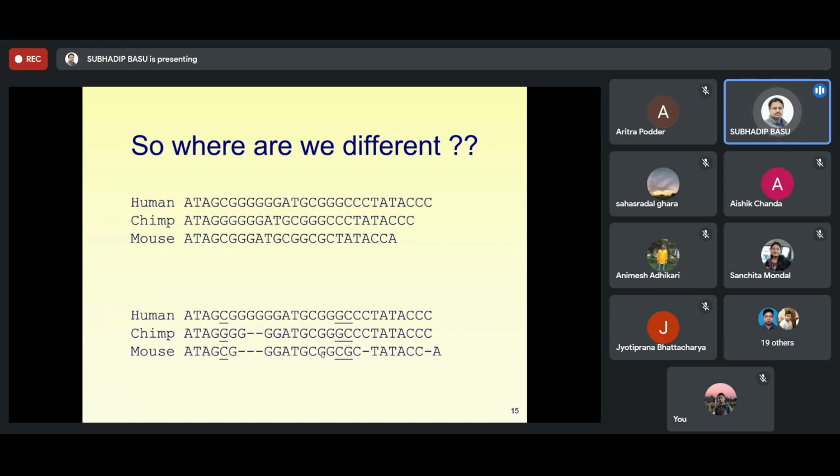So those 1.23% of difference made human a human and not a chimp. But there are a lot of regions where we are the same, and we can actually study those regions, and that's why I would like to focus that we experiment with mouse.